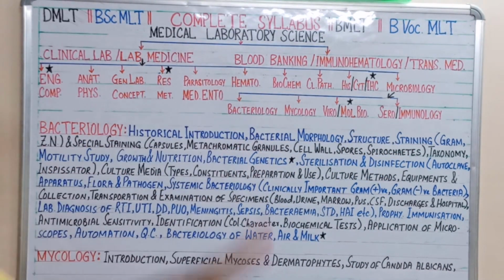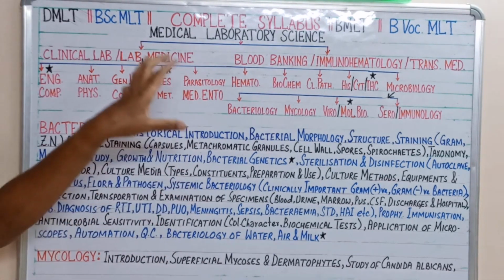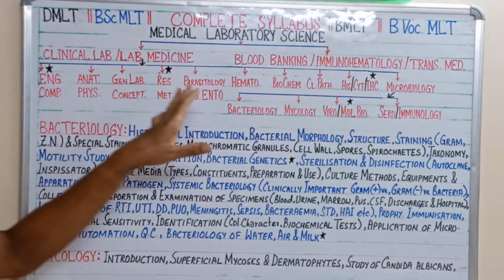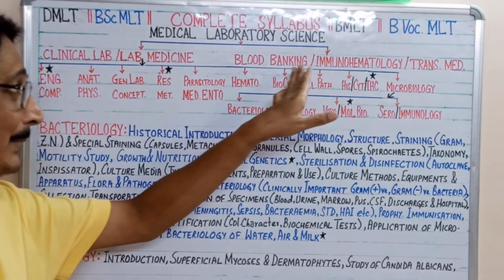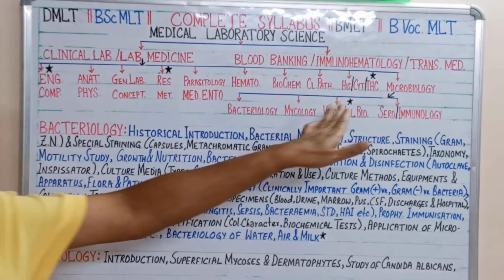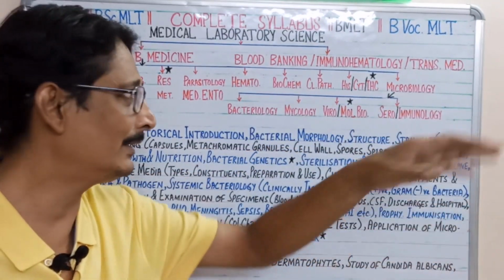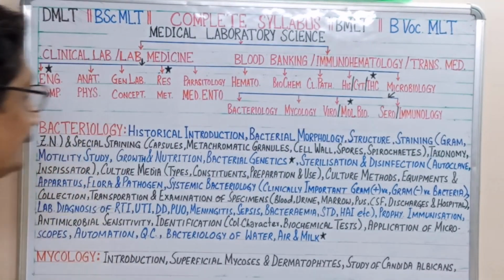In medical laboratory science there are mainly 2 laboratories: the clinical laboratory, in other words medical laboratory medicine, and the blood banking, that is immunohematology, in other words transfusion medicine.